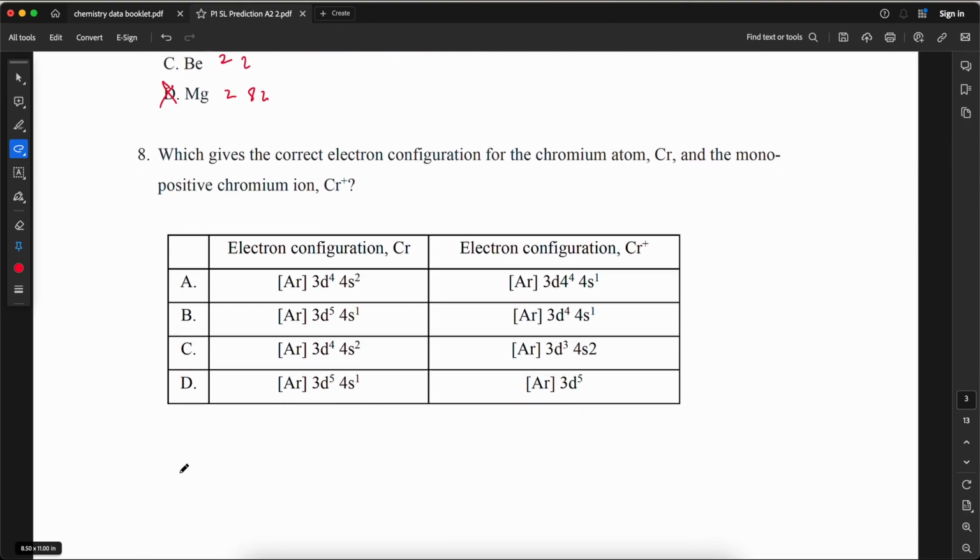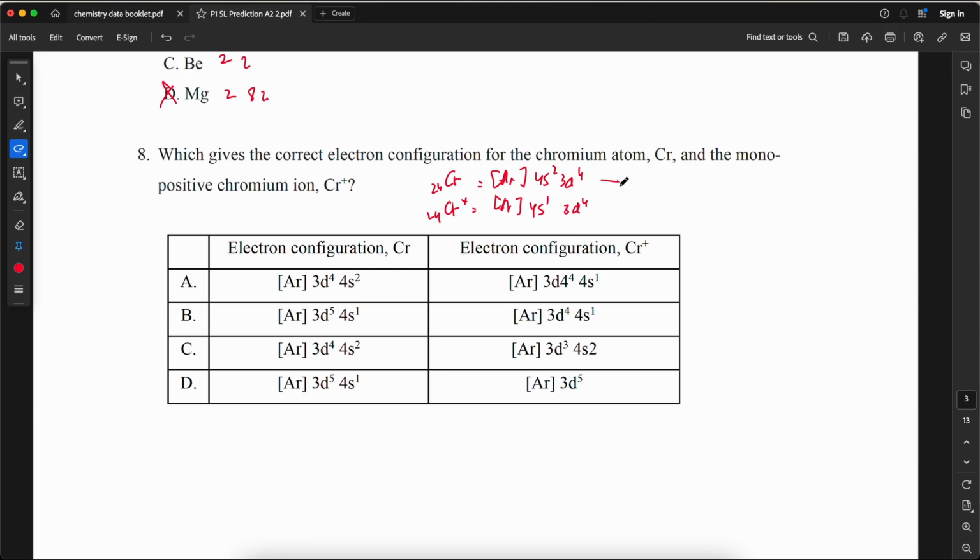Which gives the correct electron configuration for the chromium atom Cr and the monopositive chromium ion Cr+? Cr atomic number is 24, so let's do the electron configuration. That would be Ar 4s2 3d4, and this one would be Ar 4s1 3d4.